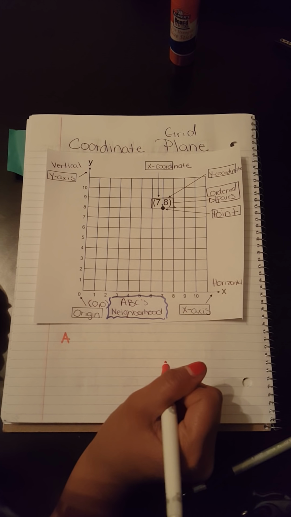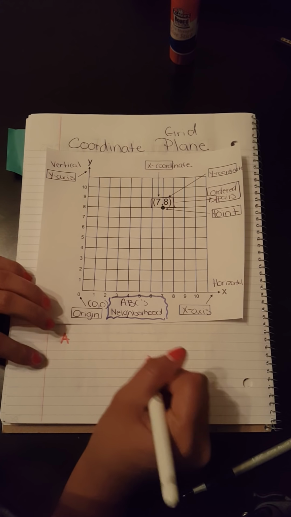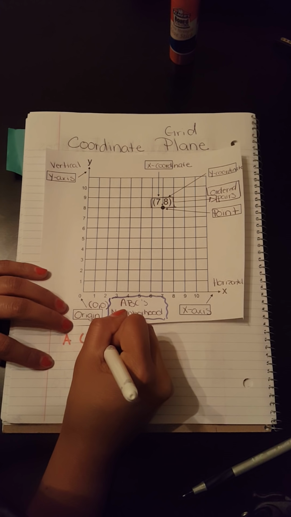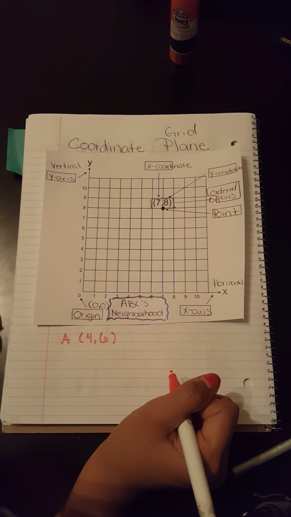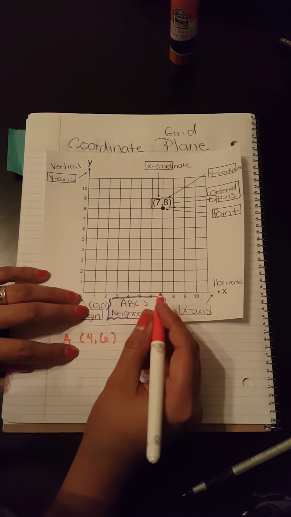And we're invited. She tells us that her party is at 6, and she gives us the directions. The directions for her party are 4, 6. Again, these 4, 6 together are called ordered pairs.